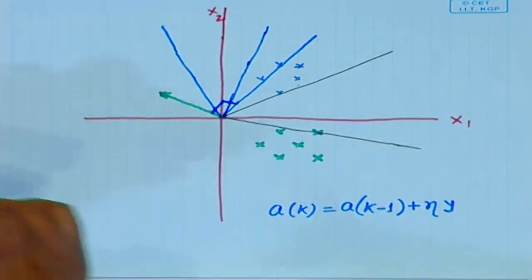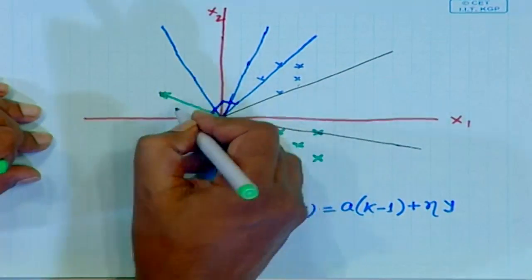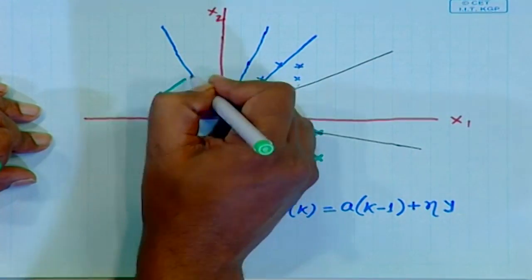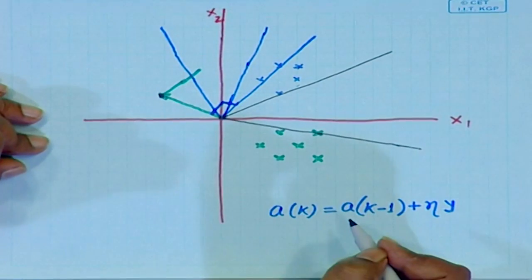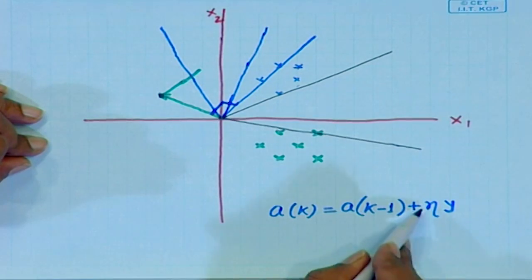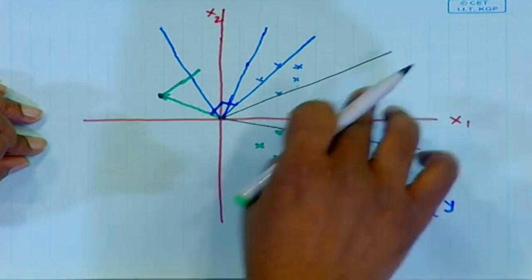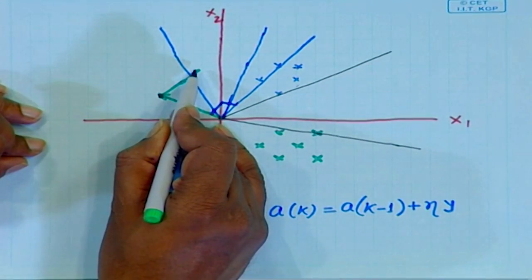So, this was my initial w. Now say w is moved somewhere over here, into the solution region, if eta is such that the scale factor imposed on y pushes the vector into the region.